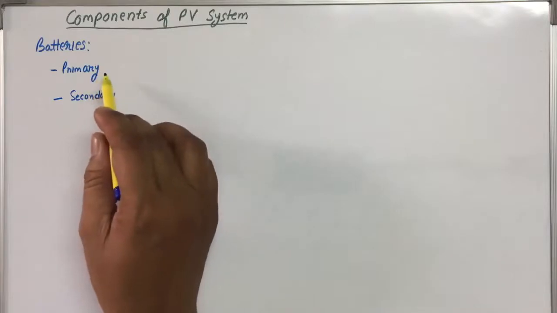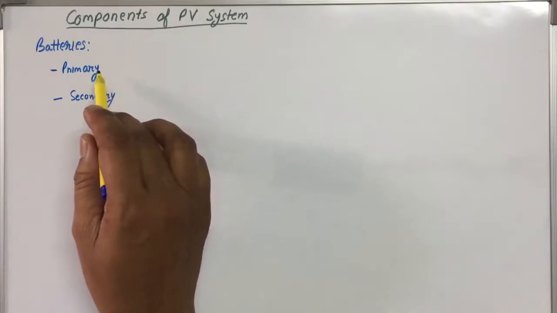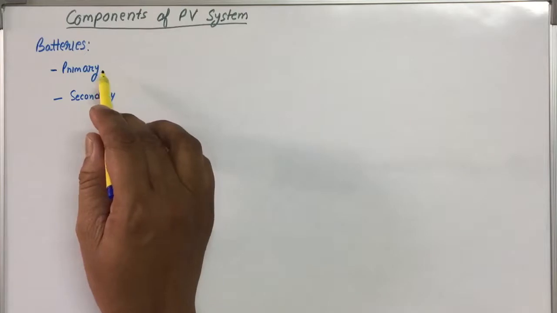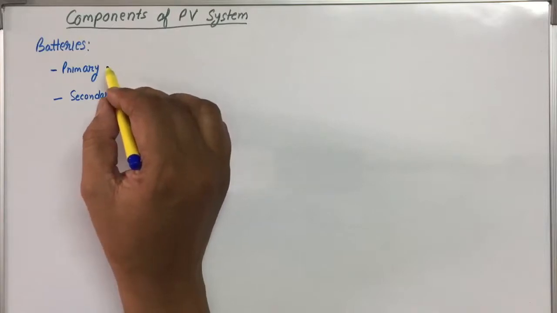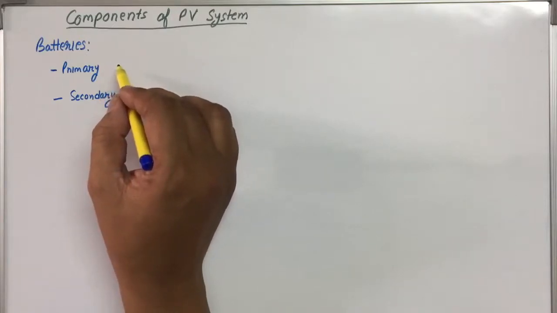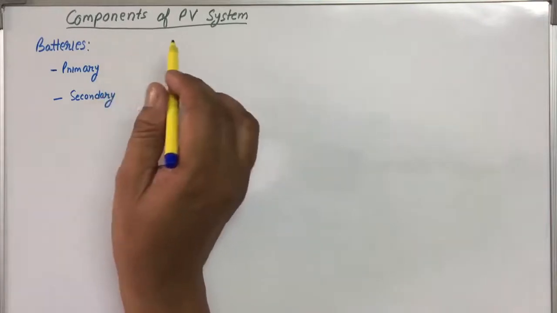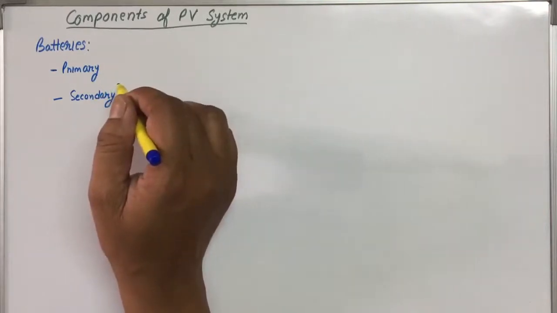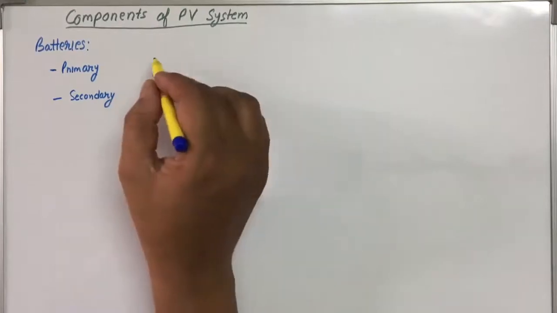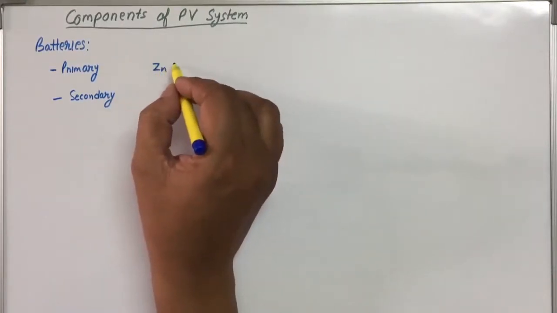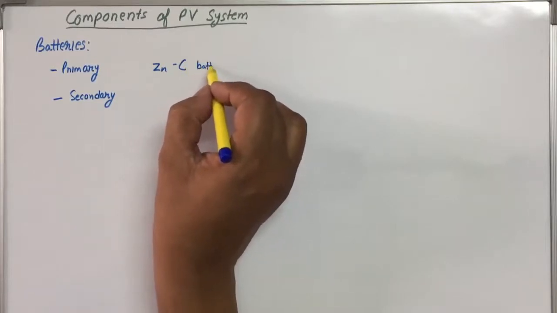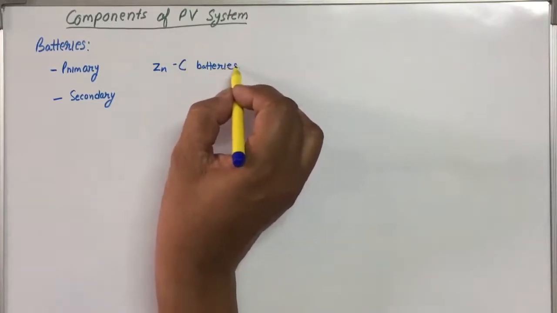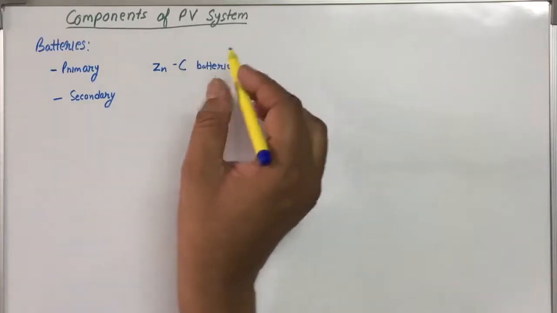The primary battery performs an irreversible reaction process. It irreversibly converts chemical energy to electrical energy, for example zinc carbon batteries or alkaline batteries.